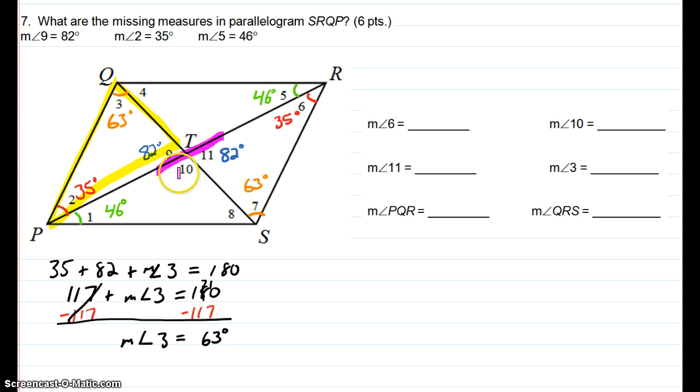So these angles, angles 10 and 11, form a linear pair, and a linear pair adds up to 180. So the measure of angle 10 plus the measure of angle 11, which is 82, has to equal 180. So if we subtract 82 from both sides, we're going to know what the measure of angle 10 is.